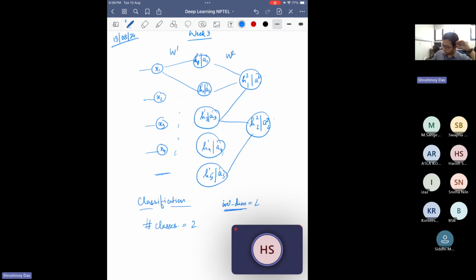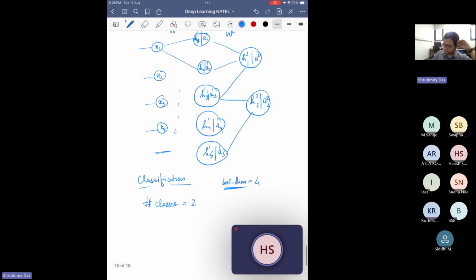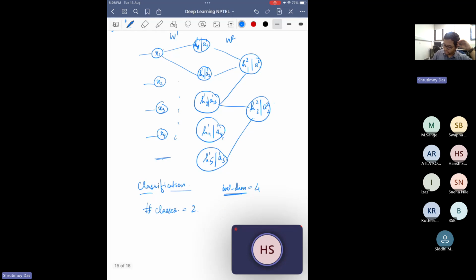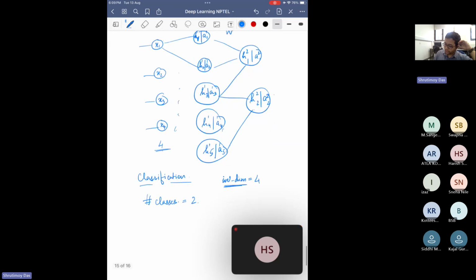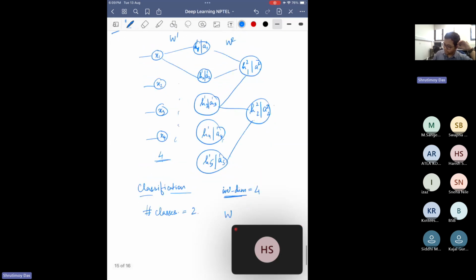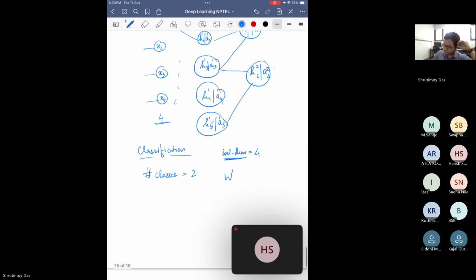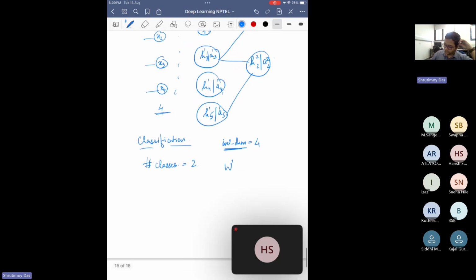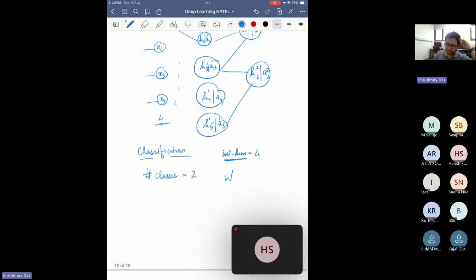Now we have 4 as the input dimension, and we have 5 neurons in the hidden layer. So what should be the dimension of this weight matrix? 5 by 4, right?